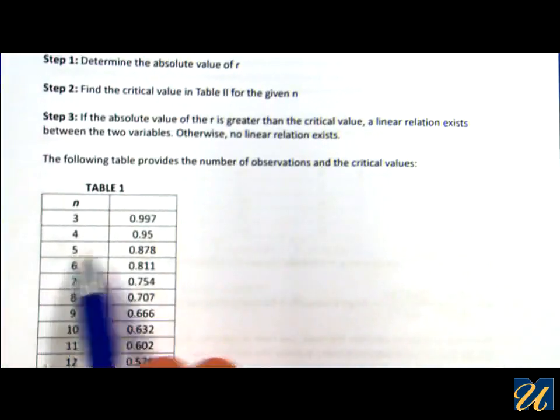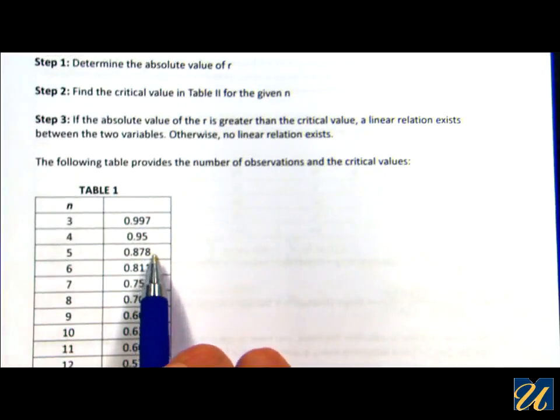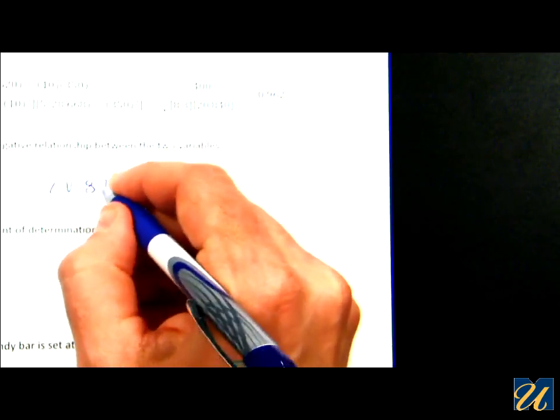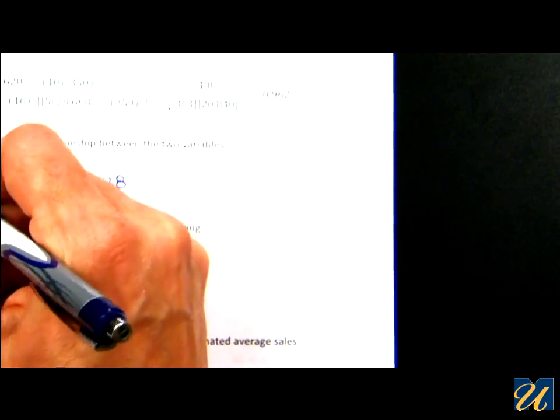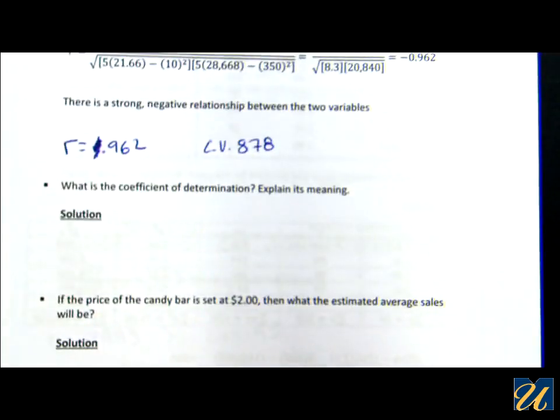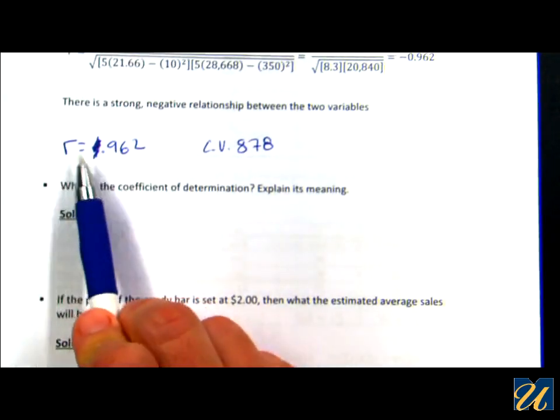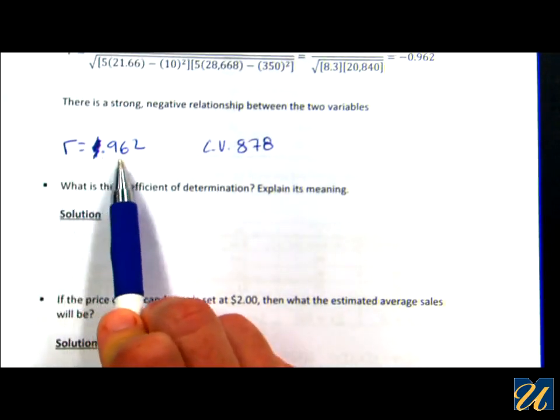So we have r equal to negative 0.962. For n equal to 5, 0.878 is the critical value. We take the absolute value for r, which is 0.962.